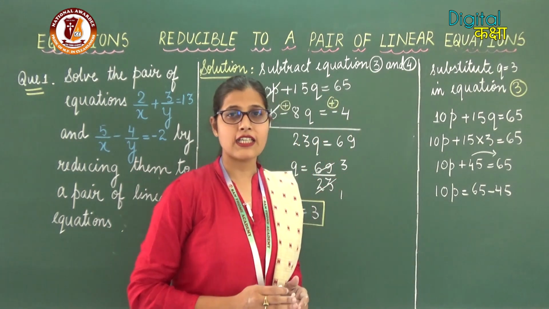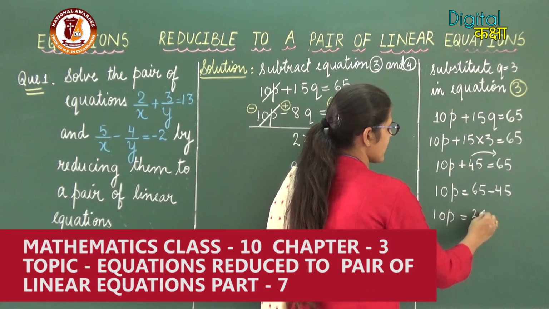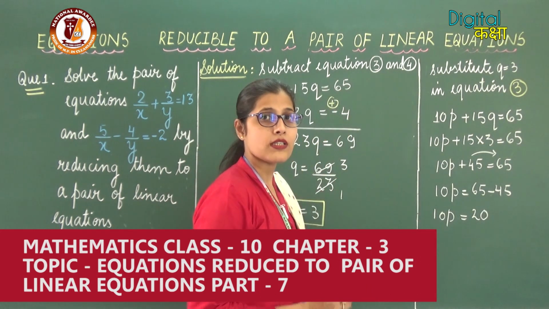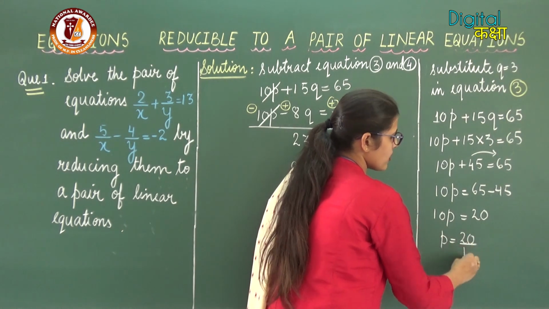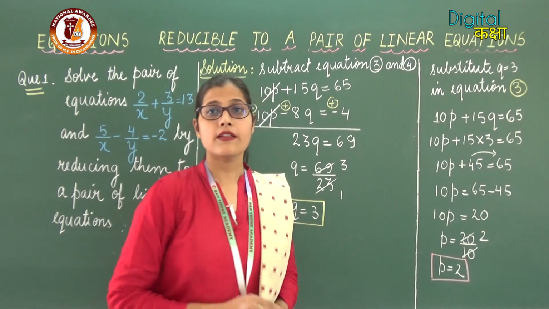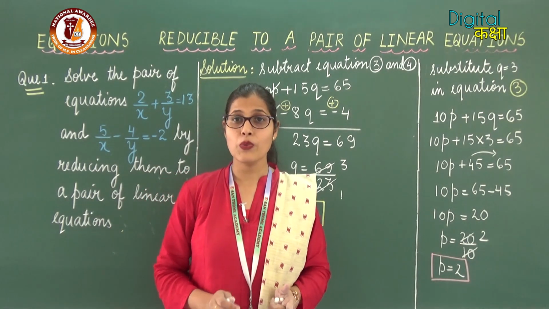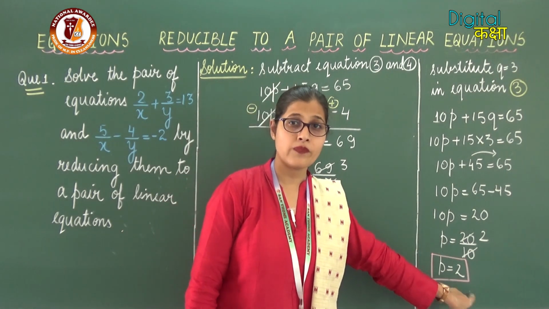On subtracting, we will be getting our value as 20. So, the value of variable p is 20 upon 10, which is equal to 2. Thus, we got the value of variable p as 2.